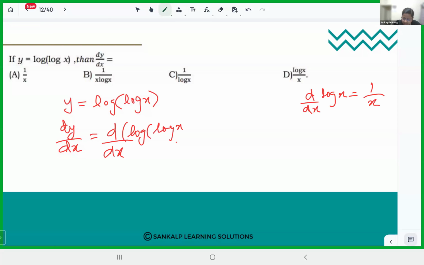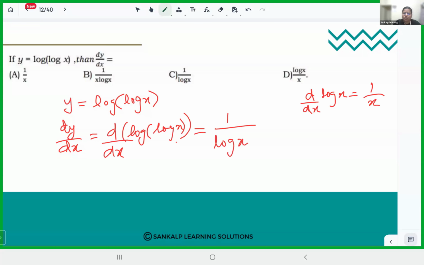So you have to identify the base function, right? Which is the base function? This log x, right? In the place of x, it is another function. The derivative of log x is 1 by x, but in the place of x, it is log x. So it will become 1 by log x.